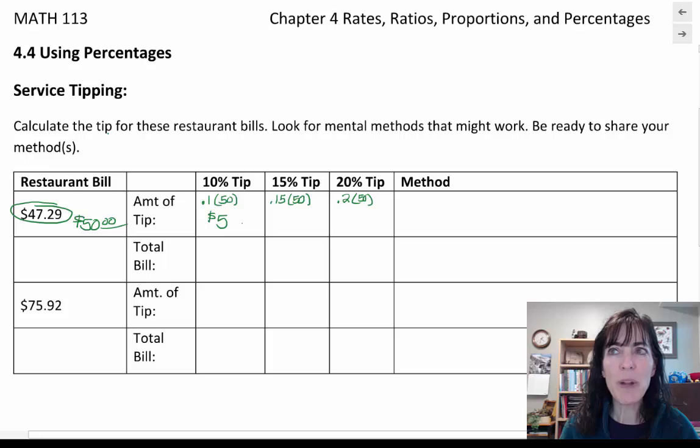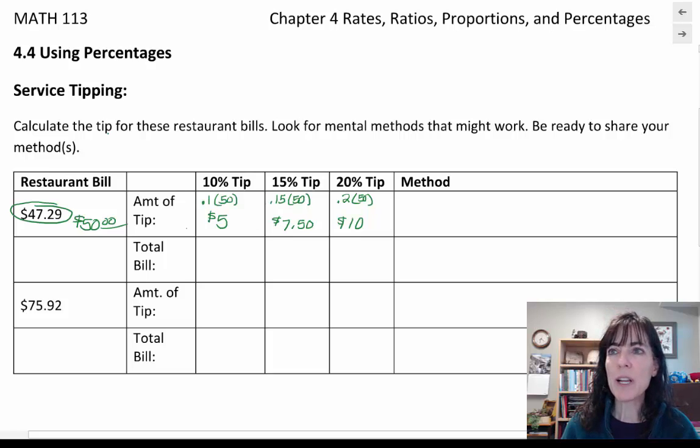The other way that I can think about it is $5 if I want 10%. $5 is a 10% tip, so I'll just double it to get to 20%, and so that would make a $10 tip here. And then I know 15 is halfway in between 5 and 10, so that would make this a $7.50 tip.